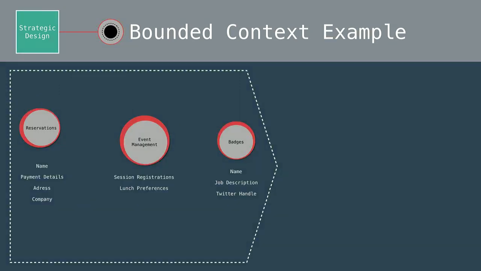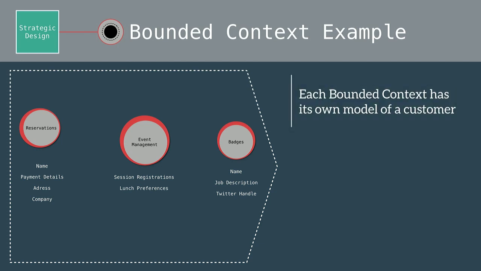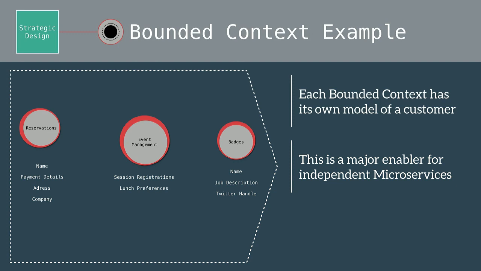Now, let's pick up this example again with the reservation center conference. Each bounded context has its own model and its own view of a certain customer. So we go from a very natural modeling of the customer to a lunch preference to a piece of paper, basically. And this is a major enabler for really independent microservices.